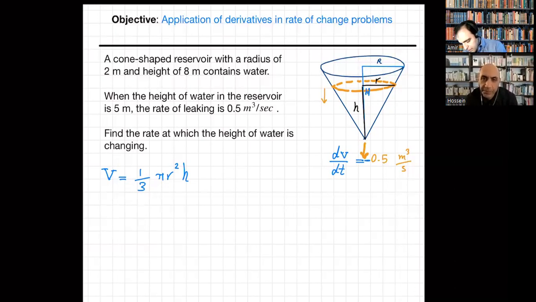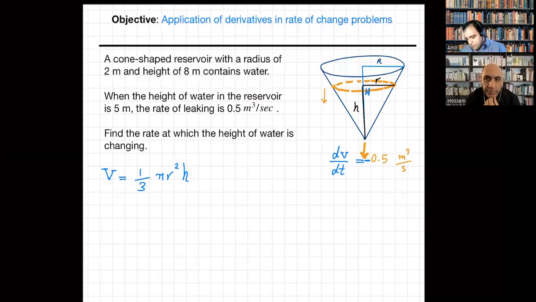And in the relationship for the volume, h and r are dependent, meaning that when we have, for example, the water level here, r is this one and h is this one, so they decrease together. But there is a relationship between h and r, which I'm going to obtain.